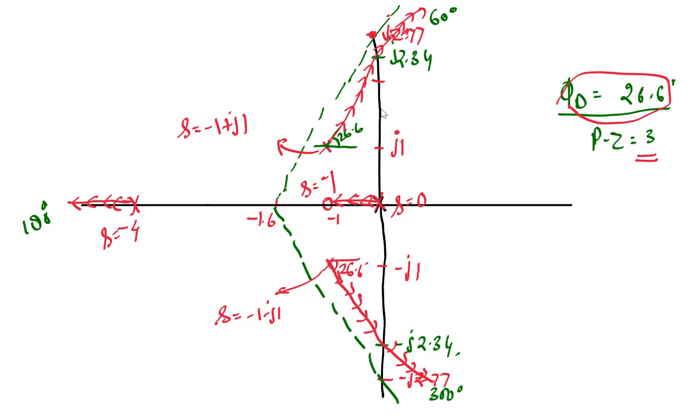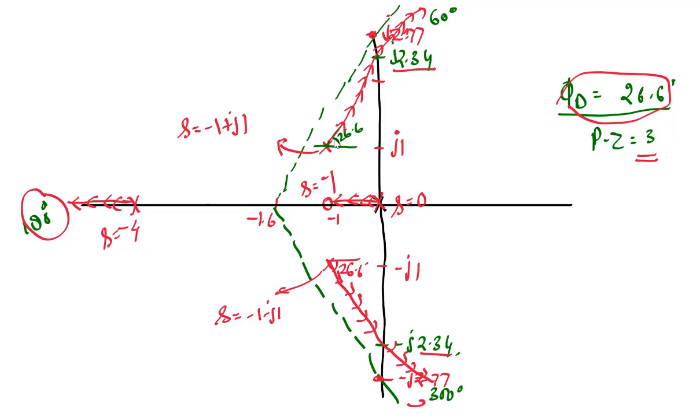So we passed our asymptotes through j2.77 and minus j2.77. So this one is 60 degrees, 180 degrees. Similarly this is the asymptote for 300 degrees. We have also calculated the intersection of the root locus with the j omega axis, that is j2.34, and similarly here minus j2.34.